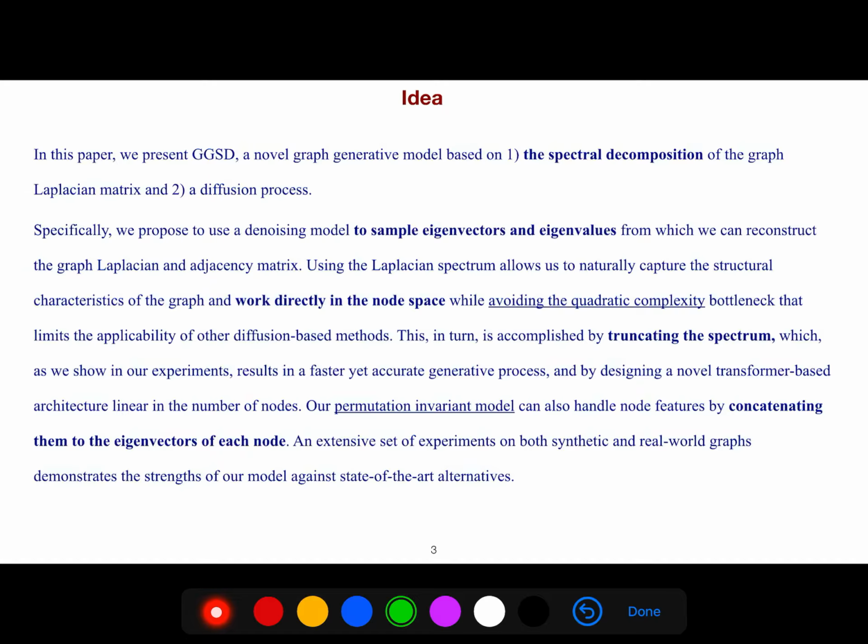This, in turn, is accomplished by truncating the spectrum, which, as we show in our experiments, results in a faster yet accurate generative process, and by designing a novel transformer-based architecture linear in the number of nodes. Our permutation invariant model can also handle node features by concatenating them to the eigenvectors of each node.